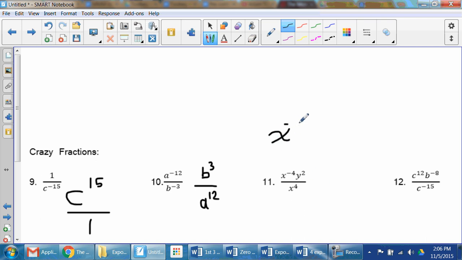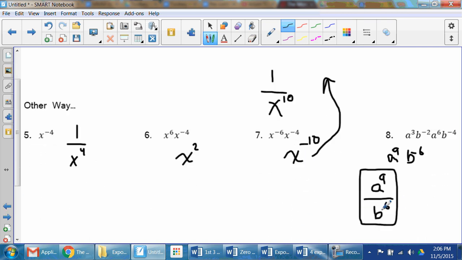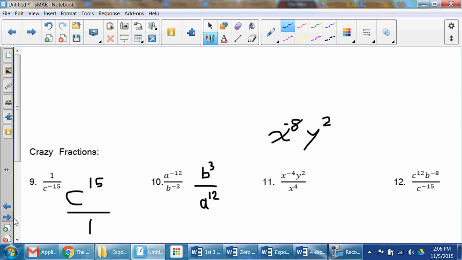So that would be x to the negative 8 power, y to the 2nd power. Now this is just like the one we did back here, where when they were side by side, the negative exponent had to go down. So my best final answer for number 11 would be y squared over x to the 8th power.